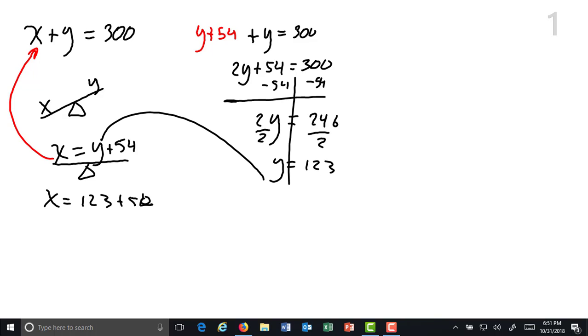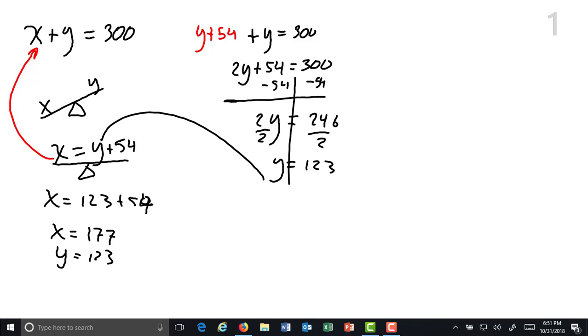Let's see. I say 123. What am I doing? 54. What is it? 177. And that's equal to x, and y is equal to 123. And guess what those two add up to? The total leakage? 300.